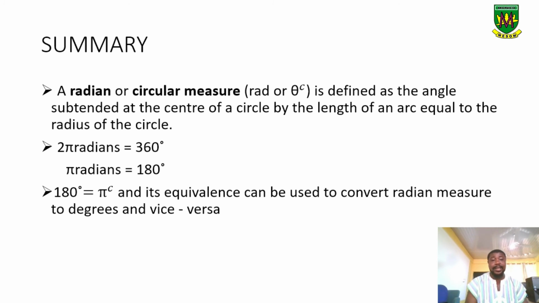We also learned that 2 pi radians is equal to 360 degrees. Pi radians is the same as 180 degrees. And the formula 180 degrees is equal to pi radians, and its equivalence can be used to convert radian measure to degrees and vice versa.